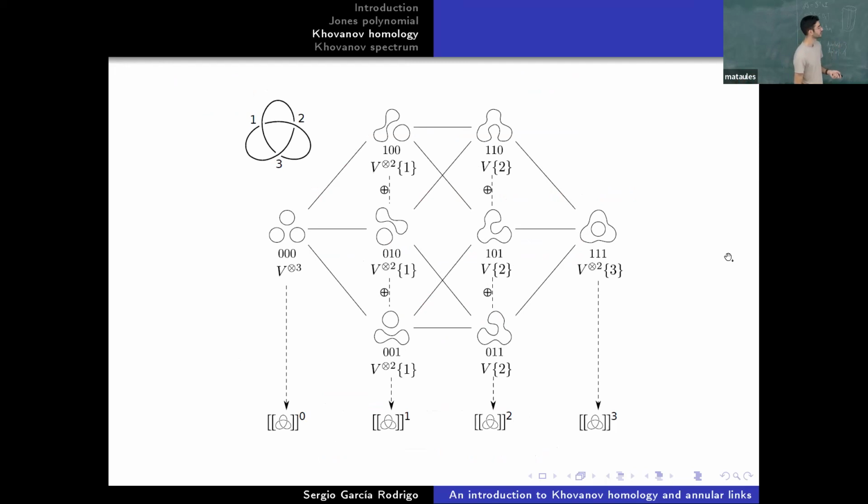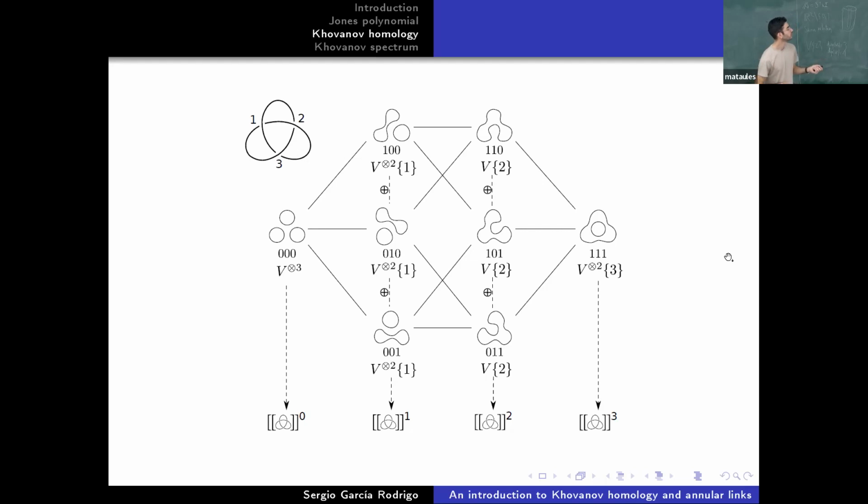Now we have to define the differential. How do we do it? If you notice, for all vertices that are joined by an edge, the Kauffman states differ exactly on one smoothing. So for example, we have 0, 0, 0 and 1, 0, 0. They differ in the first crossing.